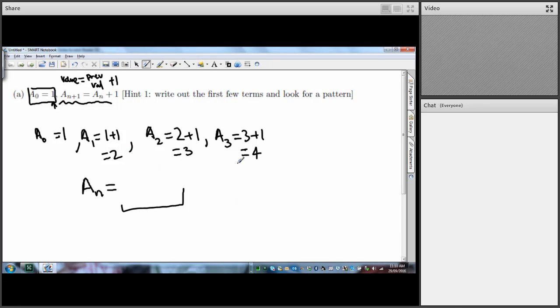Most of the time, the formula would be something to do with n. Any idea what the formula might be? Again, we're just guessing the pattern for the moment. We're not trying to prove it in a formal sense, just observing to start with. Okay, yep, n plus 1. That's great.